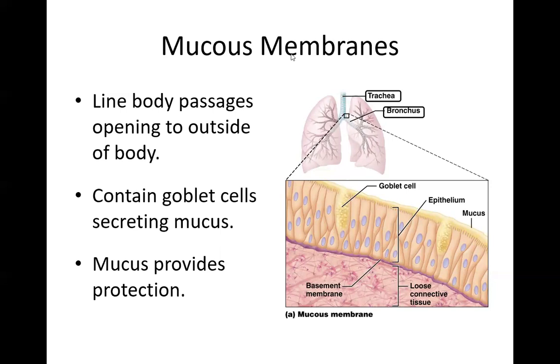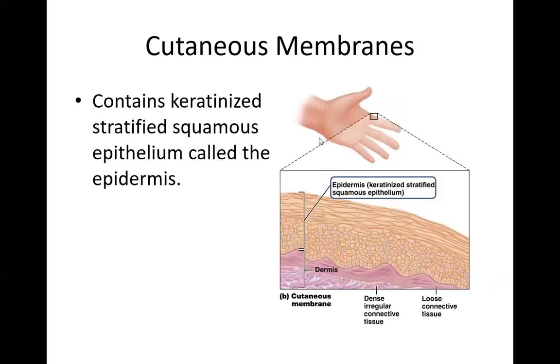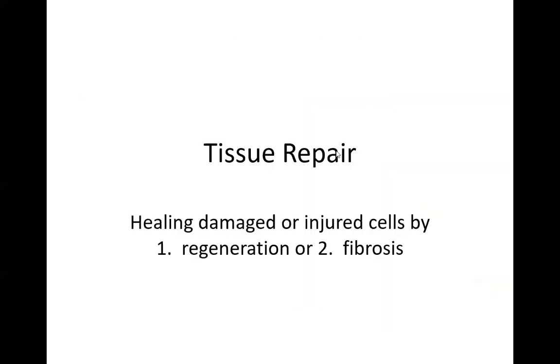So we find these mucous membranes lining the inside of our respiratory tract as well as the digestive tract. Cutaneous membrane, that's your skin. So when these tissues aggregate together, they make membranes. The cutaneous membranes contain keratinized stratified squamous epithelium called the epidermis.